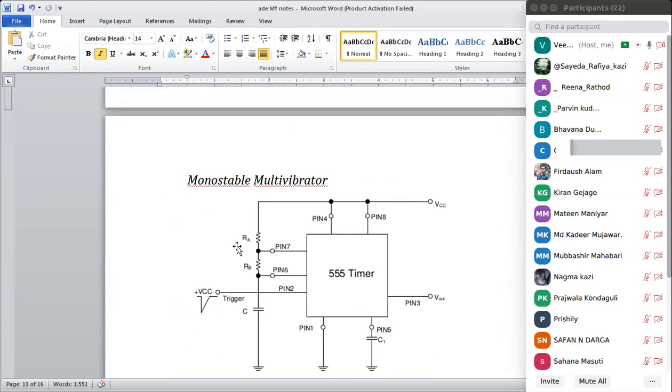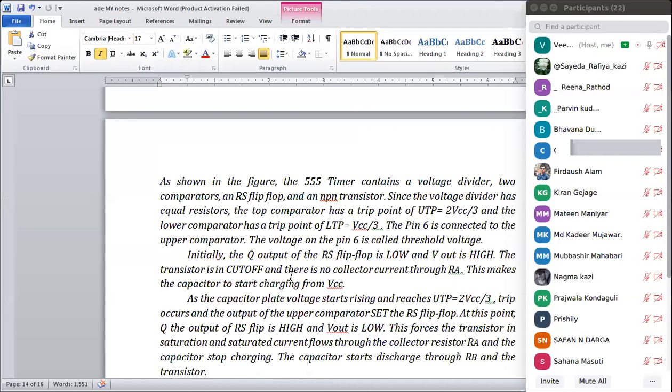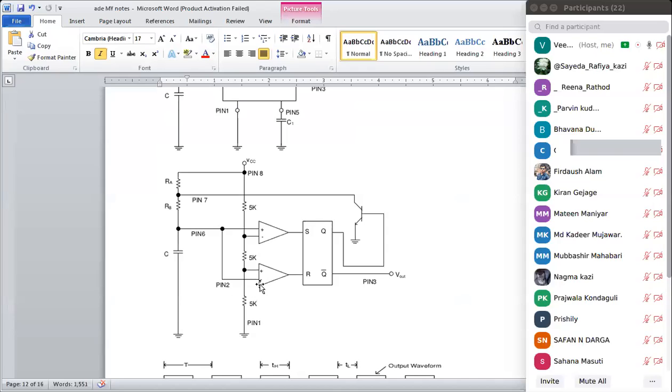Then the monostable multivibrator. What we have discussed about monostable is that it is a one-shot multivibrator, correct? Nothing has been changed here except pin number 2. You can see pin number 2 in this astable, where is it connected? It is connected to the capacitor.